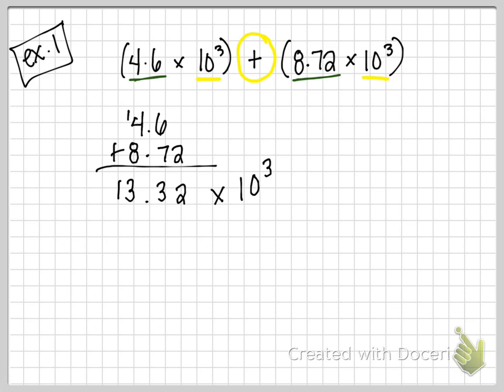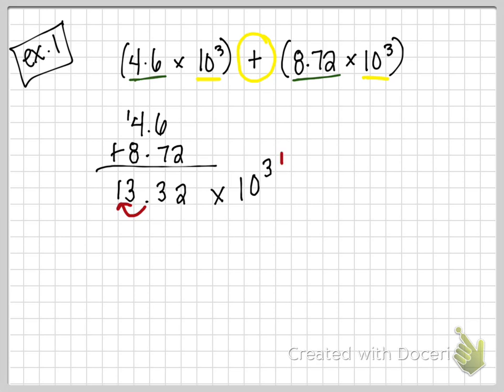And then our last step is to check, is this answer in scientific notation? No, it's not, because this is too big. This is not between 1 and 10. So in order to get it to scientific notation, we need to move the decimal 1 place to the left.